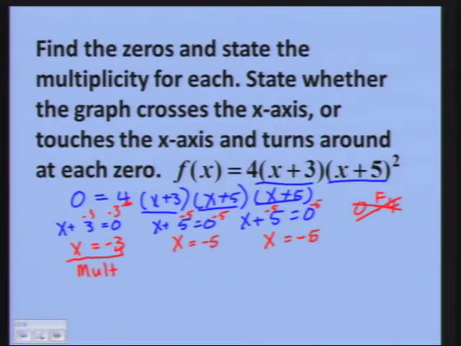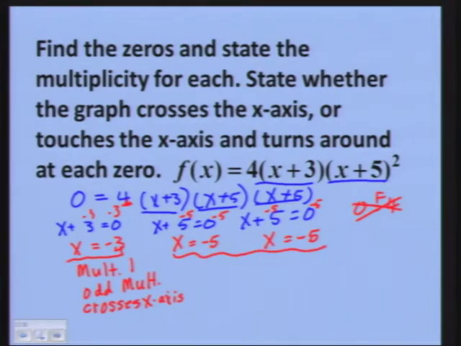So the multiplicity 1 is what we have, or your homework program may ask for odd multiplicity. Whichever way it states it, you can give it to it, either 1 or odd. That means it goes through the axis, crosses the x-axis. So let's write that down, crosses x-axis.